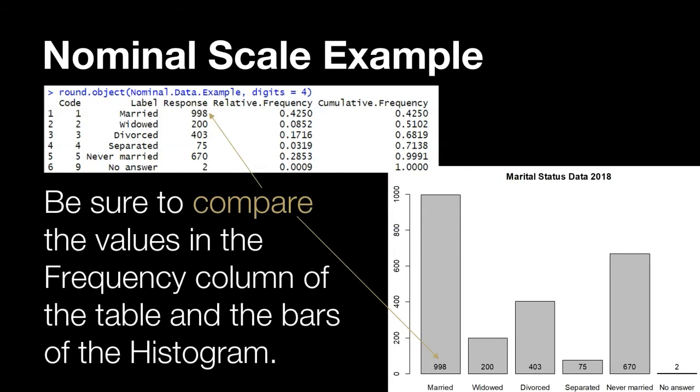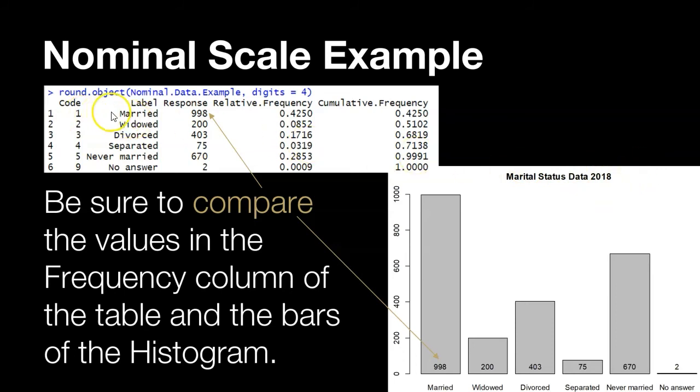Here's an example of the use of the nominal scale. We have a frequency table here and a frequency histogram. You'll see here that there is a code or number assigned to each of the categories of marital status from this data from 2018.